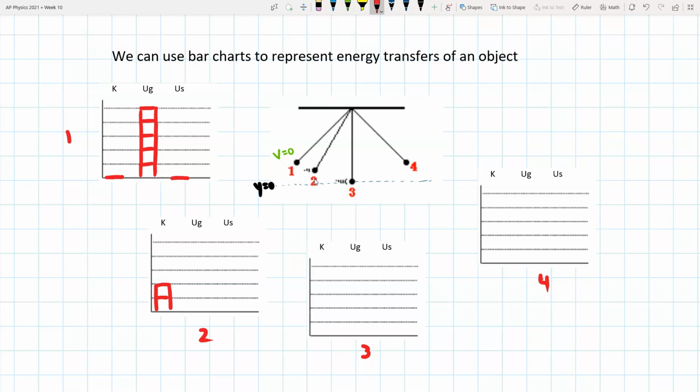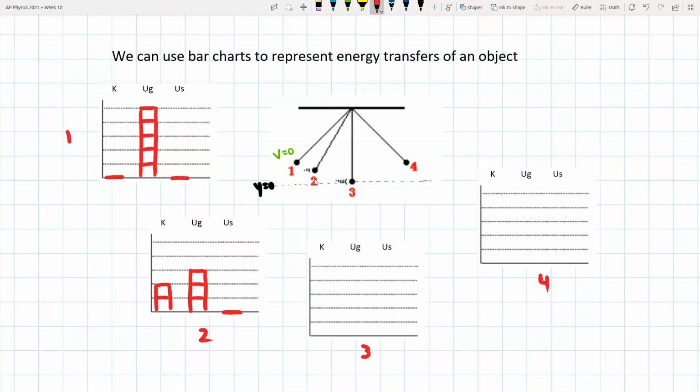Some of my blocks got transferred into kinetic, which means I would have 3 left for gravitational potential energy because it's still above 0 here. It still has some height, just not as high as before, so it has less gravitational. And still no stretching or compressing, so no spring potential energy.